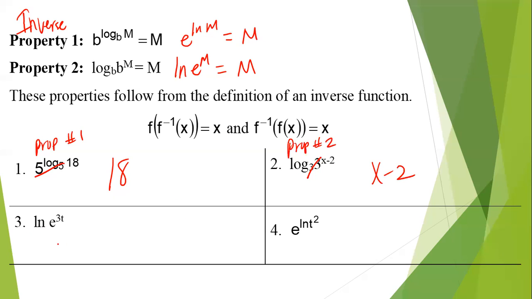Okay. Property number 2 in effect again, but this time with natural log. I have a natural log of an e, which means that they're inverses, so they cancel each other out, and I'm left with just 3 to the t.